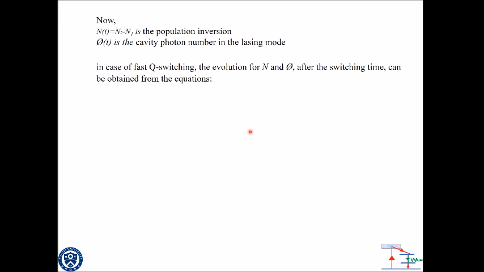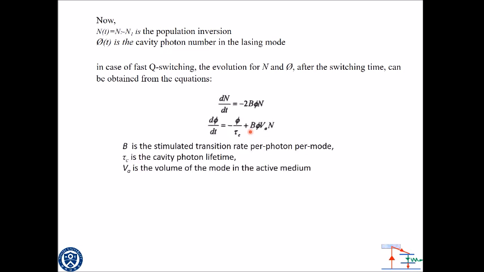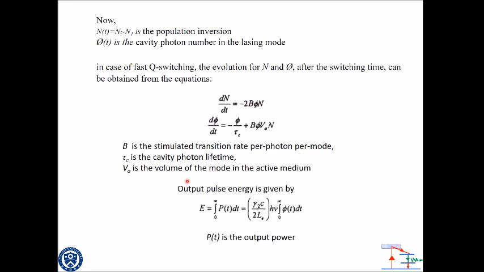In Q switching, N and phi are modified in the form of these equations, where B is again the stimulated transition rate per photon per mode, tau c is the cavity photon lifetime, and Va is the volume of the mode in the cavity medium.